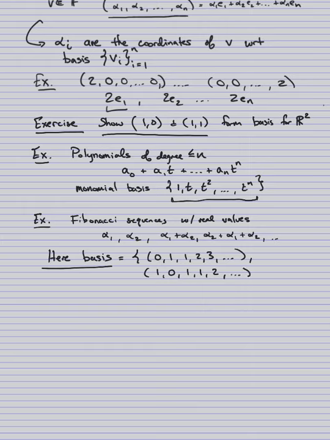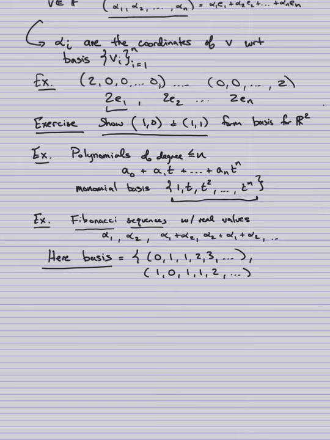Okay? So you might think this is kind of surprising, in that you're looking at a set of sequences, so you'd think of this as a very large space, but yet there's a basis of just two vectors. Any Fibonacci sequence can be written as a linear combination of these two.